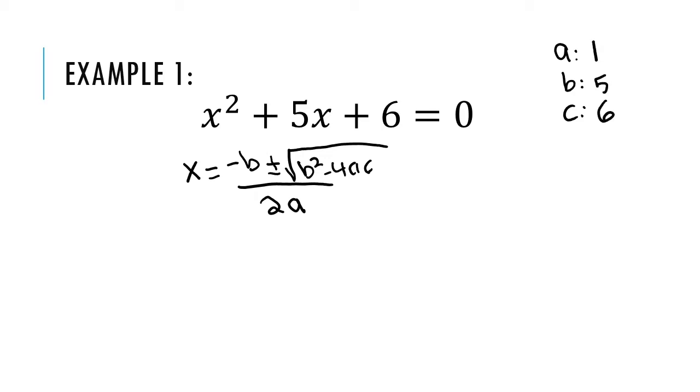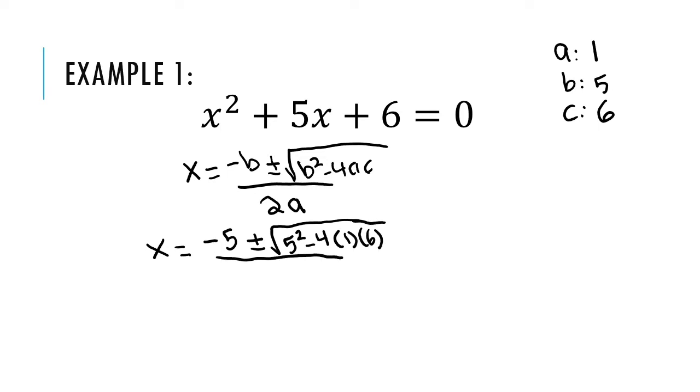So I'm going to use the quadratic formula, and this time I'm going to substitute the values of a, b, and c with the numbers. I have negative 5 plus or minus radical 5 squared minus 4 times 1 times 6, divided by 2 times 1.